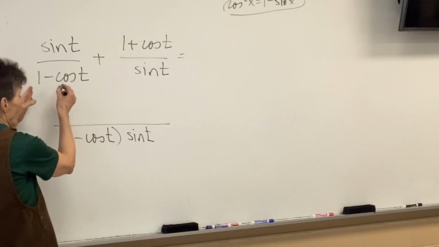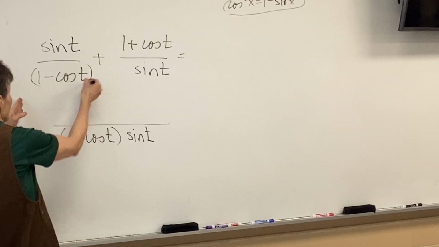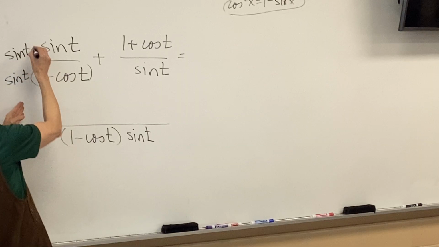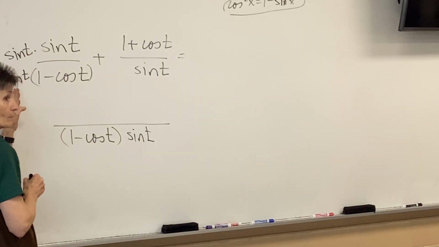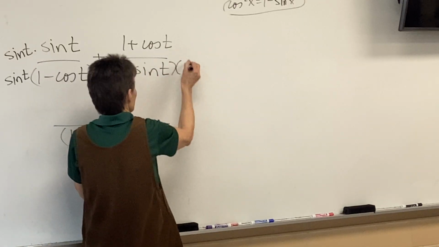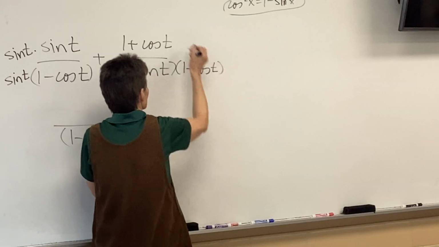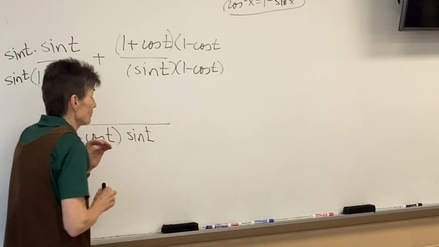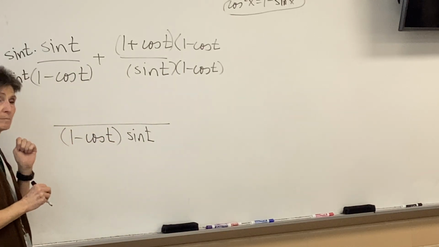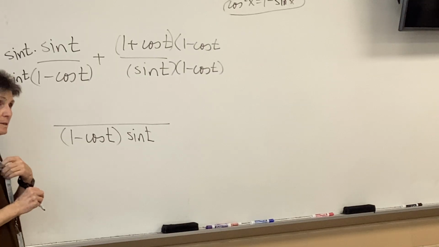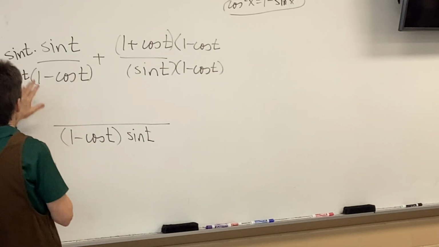So this fraction will need a sine on the top and the bottom. This one will need a 1 minus cosine on the top and the bottom. You okay with that?